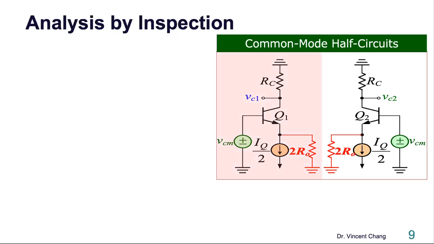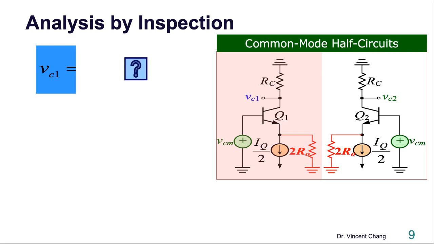Now, when we face the common mode half circuit, the left-hand side and right-hand side are the same. Let's try to find out the common mode gain. What is VC1 in terms of VCM and the rest of the components, including RC and the 2RO? Let me repeat that.